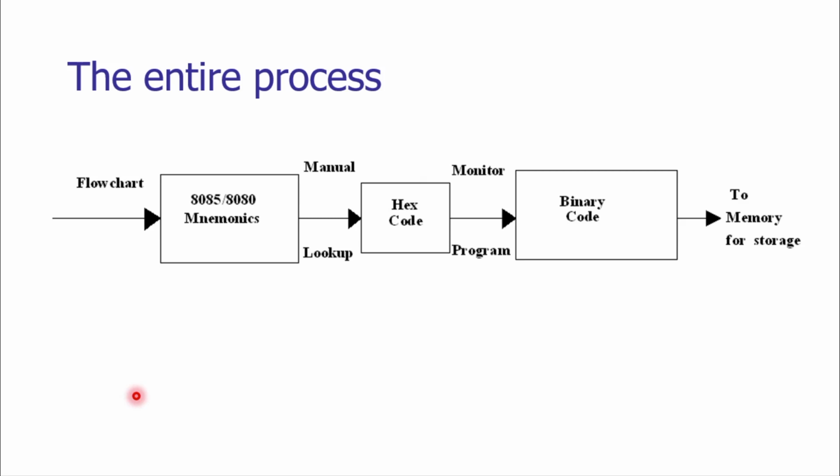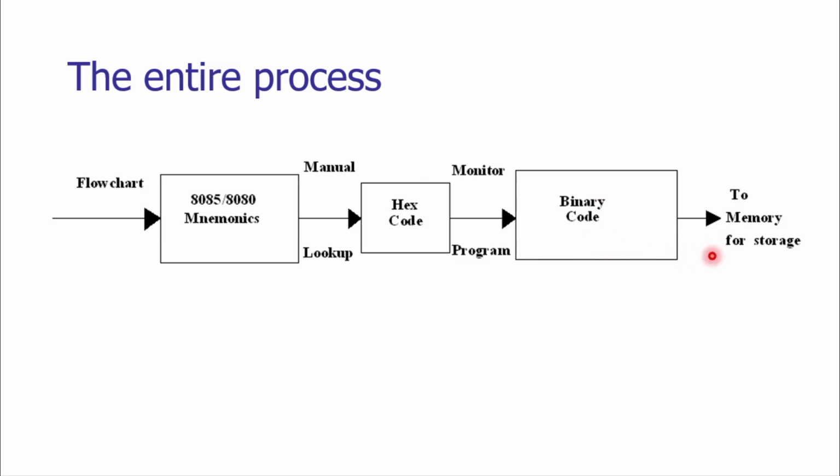So this entire process is very simple. It has a set of mnemonics as per the given microprocessor. In this case, we have the 8085. We look up hex codes, then we convert those hex codes by using the monitor program into binary code.